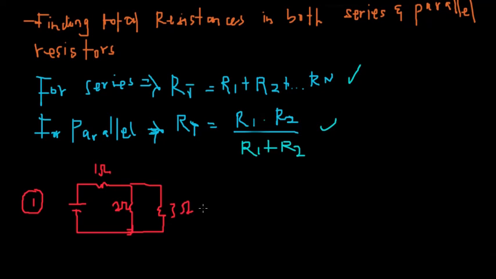Whenever you see a circuit with resistors, first you have to identify whether the resistors are in series or in parallel. We talked about resistors in series having the same current passing through them, and resistors in parallel being where we traverse through them. Now let's first take resistors which are in parallel.